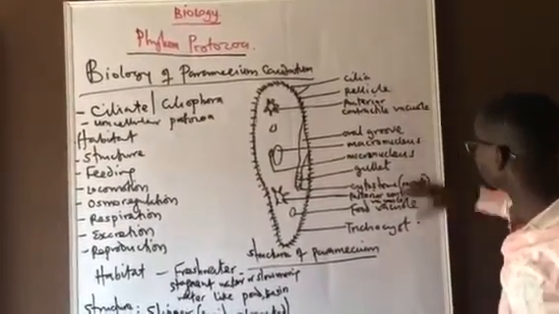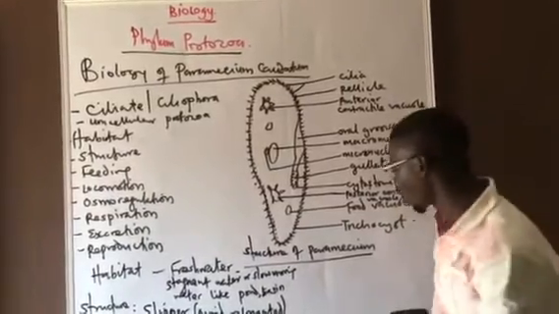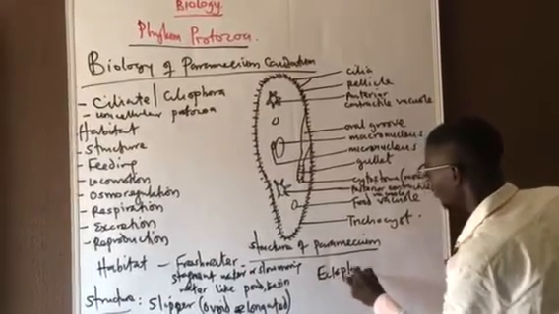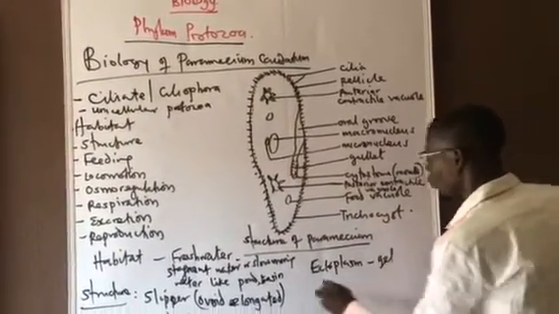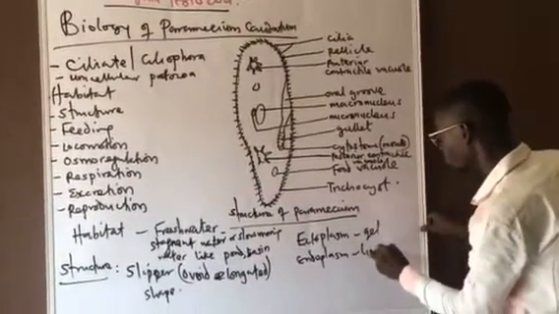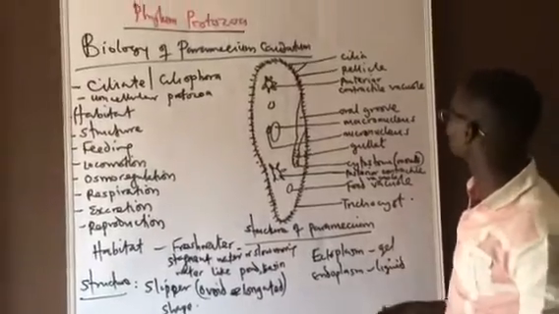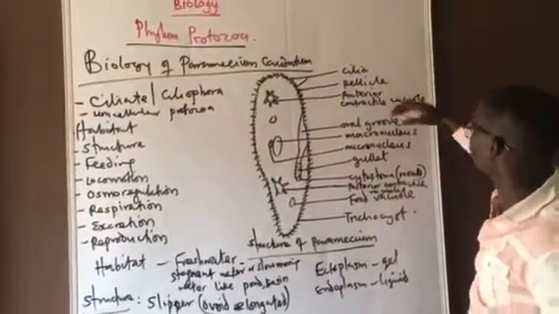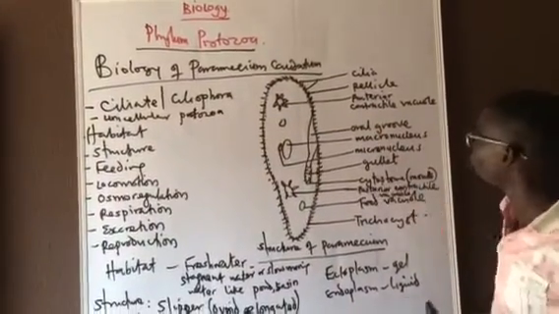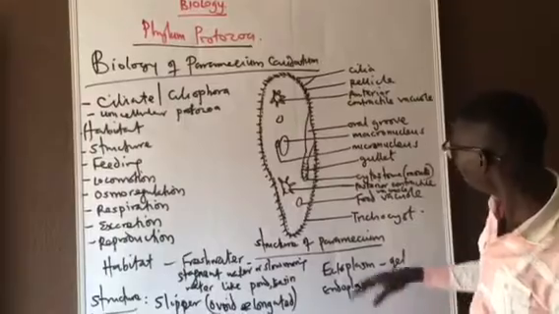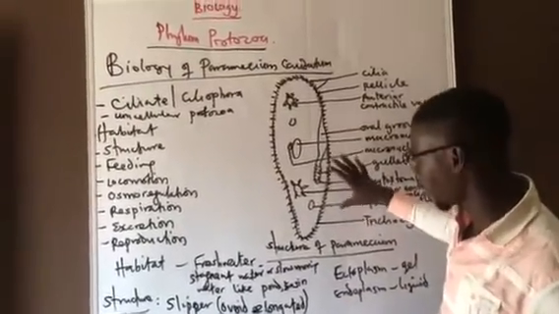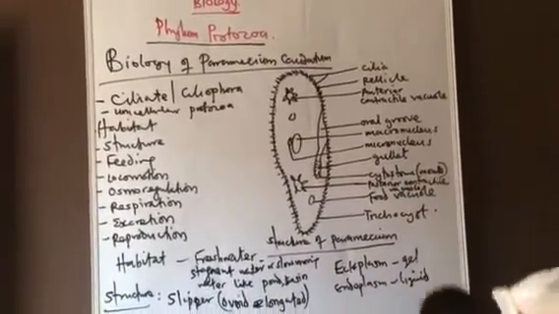The body of paramecium is divided into two: the ectoplasm, which is gel, while the endoplasm consists of liquid. In the ectoplasm, you find the cilia and the pellicle, but the endoplasm, that is the internal part, consists of the contractile vacuole, food vacuole, nucleus, and the gullet. So that is the structure of paramecium.